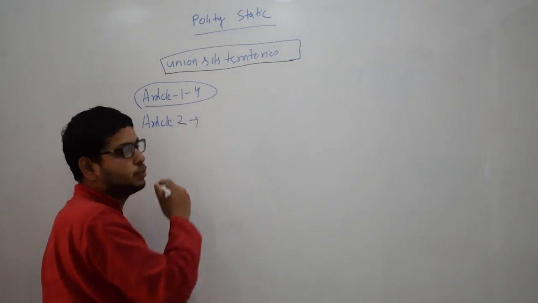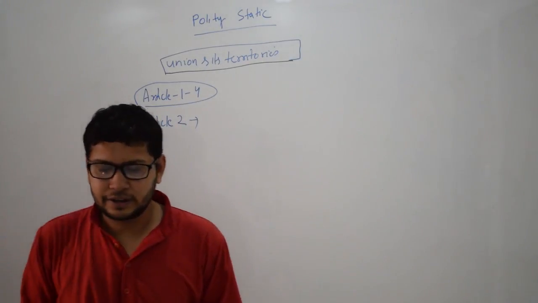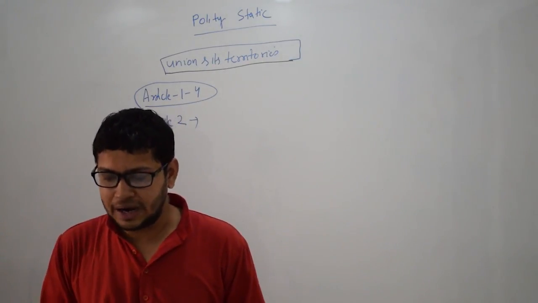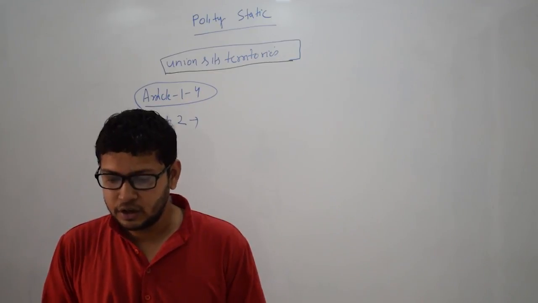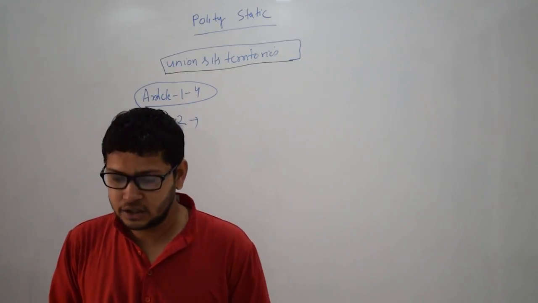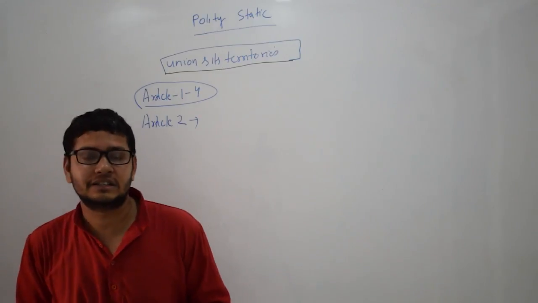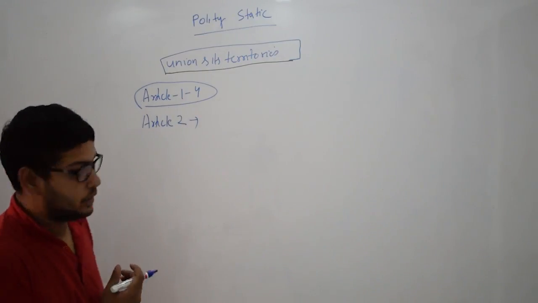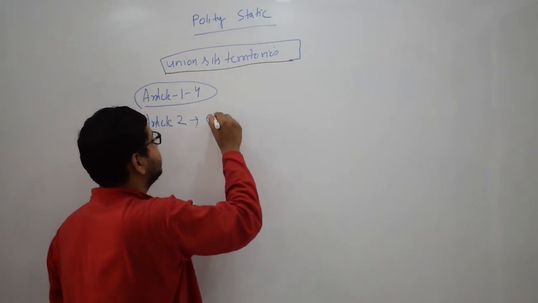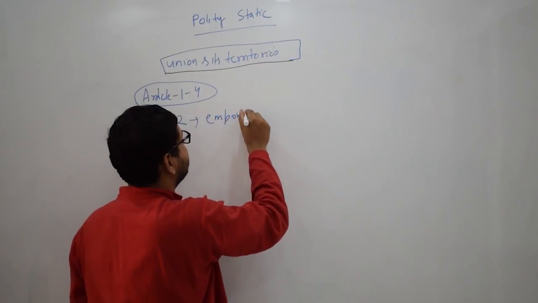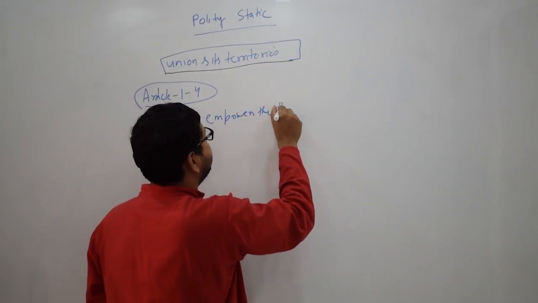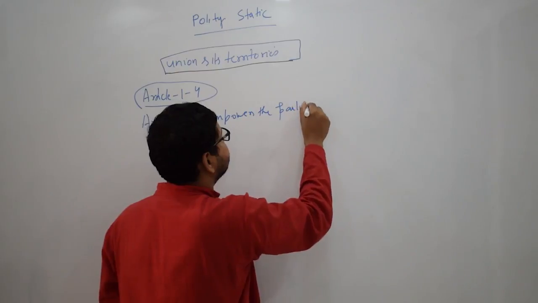Article 2 empowers the Parliament to admit into the Union of India or establish new states on such terms and conditions as it thinks fit. So it empowers the Parliament to admit new states.